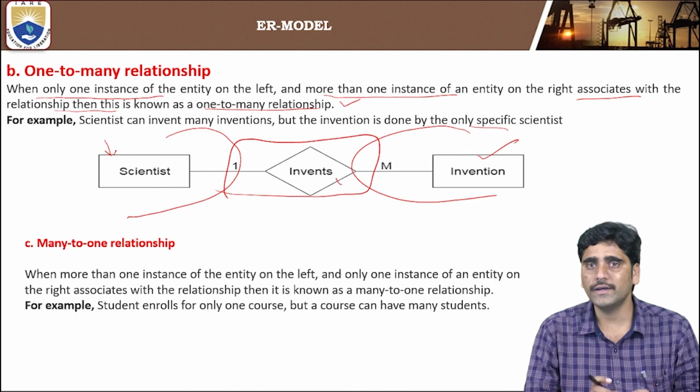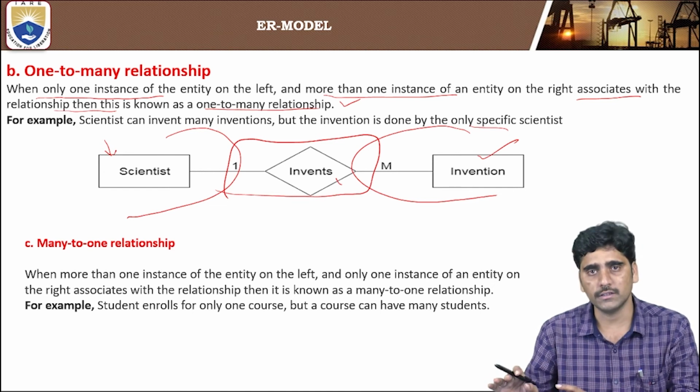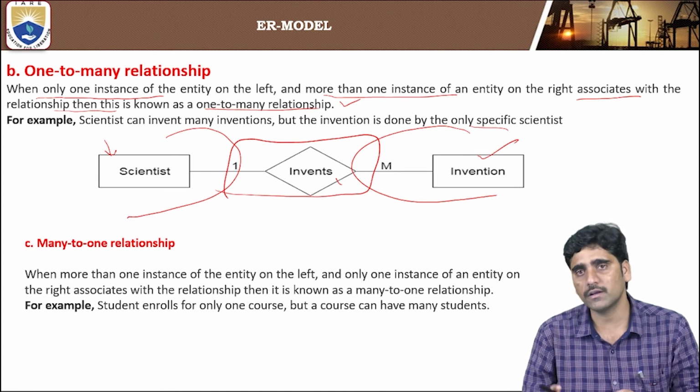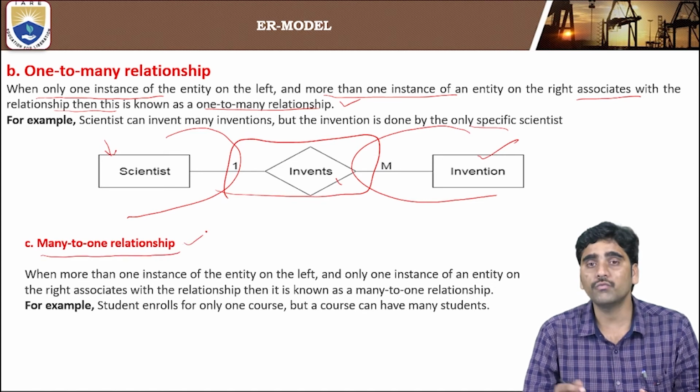So one entity from the left side can have more than one entity from the right side. That is why it is called a one to many relationship. And similarly, many to one relationship.